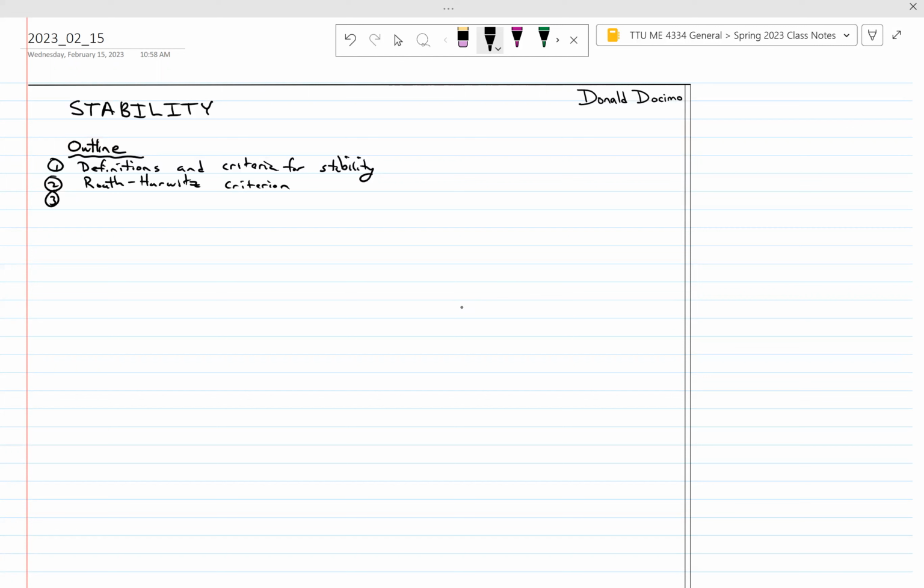Then we're also going to go through the Routh-Hurwitz criterion. We'll have a few special cases for that. Then we're finally going to get into feedback control, which is what this class is all about.